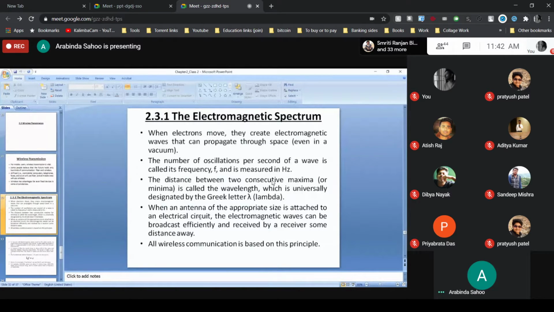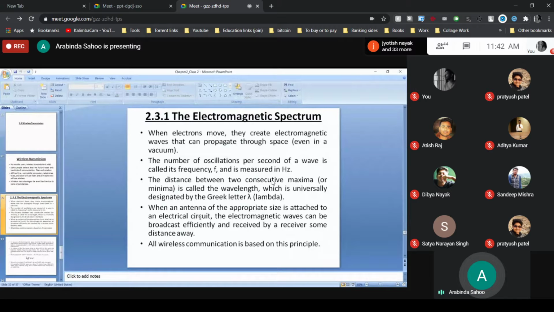If you consider the wavelength, the distance between two consecutive maxima or minima is normally called the wavelength, and it is universally designated by the letter lambda. So these are the basic parameters associated with your electromagnetic wave: number one is the frequency, and number two is the wavelength.